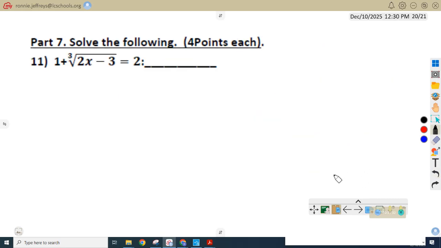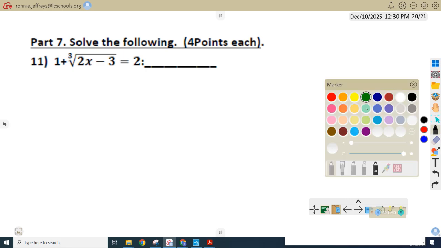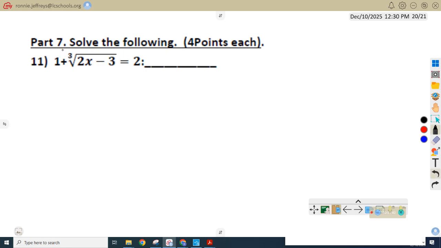Now, look closely, my students. This is adding. So we have to do the opposite. Yep. Not divide.